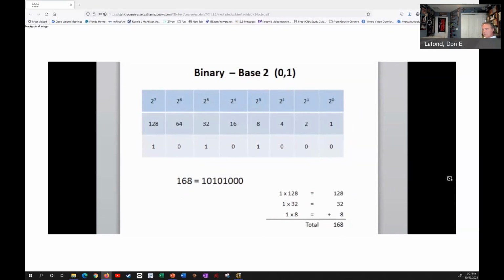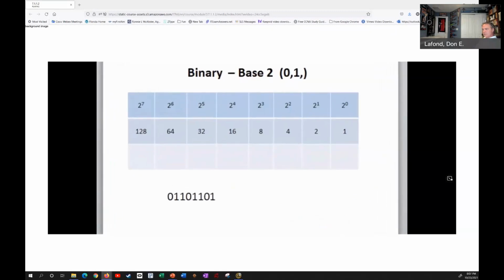If we go to the next slide, you can see that I'm now charged with converting the number 0, 1, 1, 0, 1, 1, 0, 1 to decimal. If I want to go the opposite way and convert this binary number to decimal, all I need to do is plug it into the place values. I'll put it in here, 0, 1, 1, 0, 1, 1, 0, 1, and then add it up.